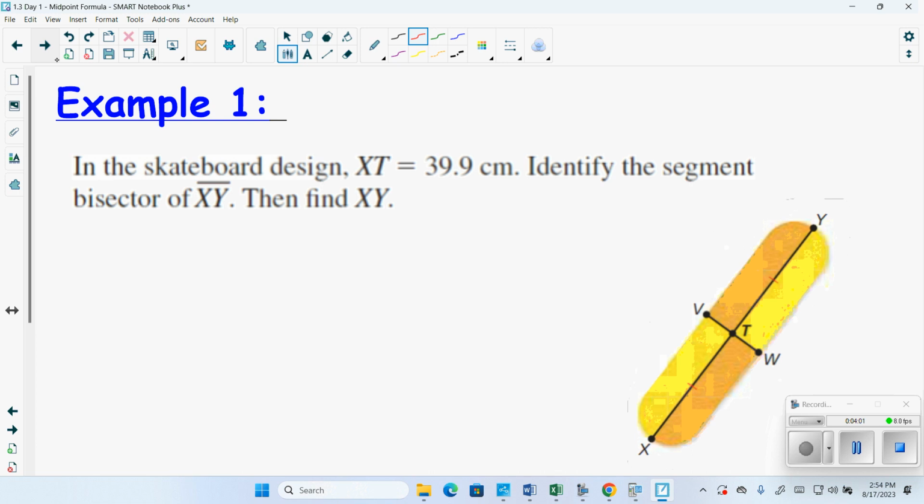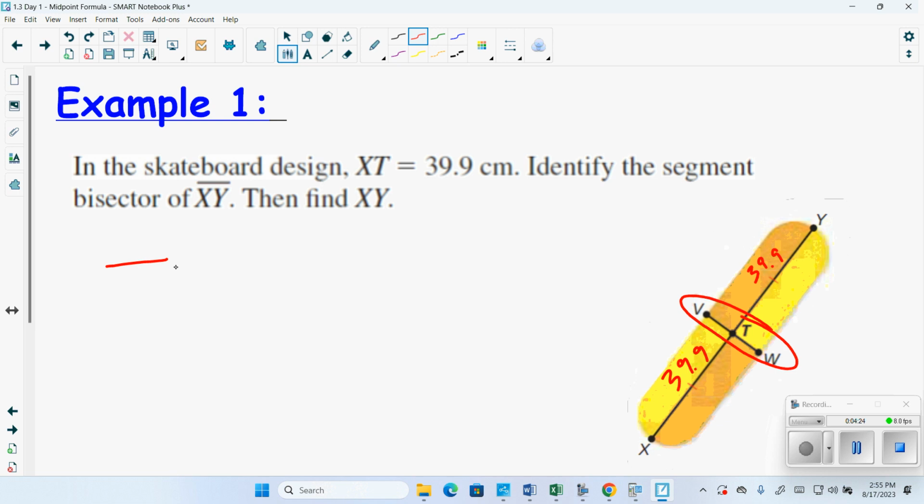So now, you're being told that XT in this picture is 39.9. Identify the segment bisector, then find XY. Well, TY would also be 39.9. And the actual bisector would be the segment that's cutting it in half.